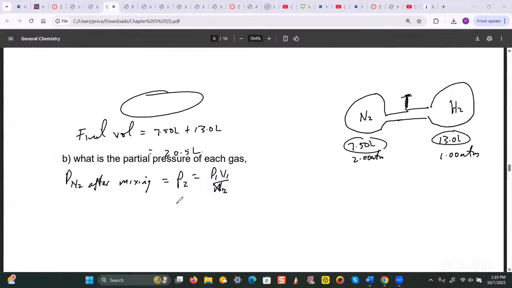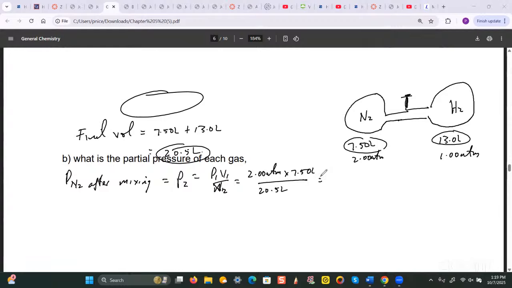So in this particular case, before mixing, P1 for nitrogen is 2.00 atmospheres, and V1 before mixing is 7.50 liters. And then after mixing, V2, the final volume, is 20.5 liters.